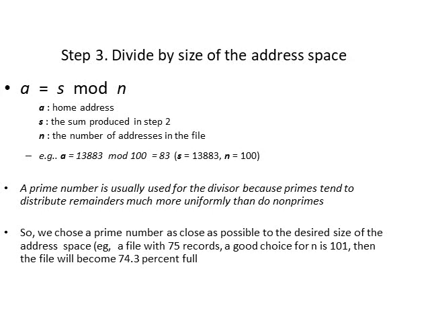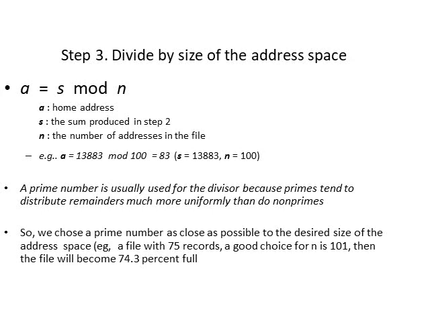Here I had taken 100 as the address space, but instead of 100, if I take 101, then it will be much better, because 101 is a prime number. So if you use a prime number, collisions will be much more reduced.